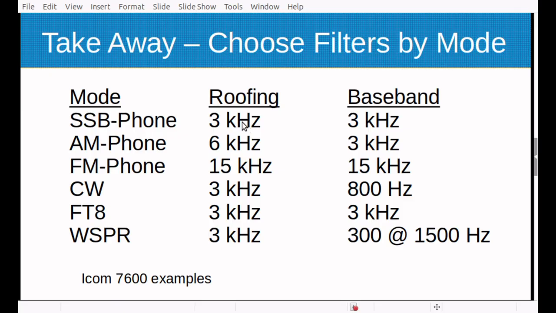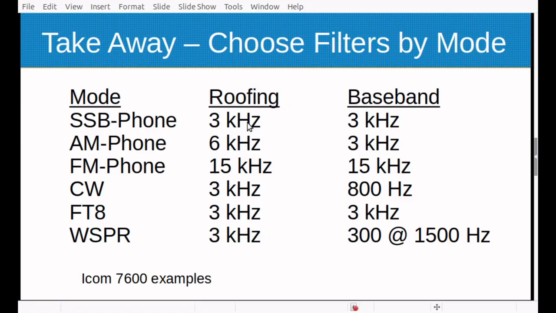And that's true because no amplifier is perfectly linear. So one thing you can do with the correct roofing filter is eliminate unwanted intermod signals, impairments. The other thing you do when you use the correct roofing filter is you're going to reduce the dynamic range of the signal.